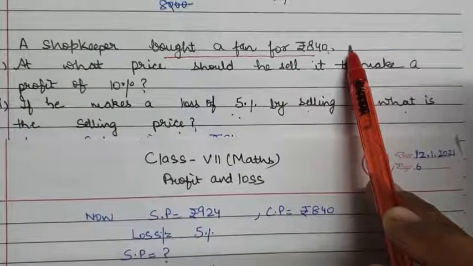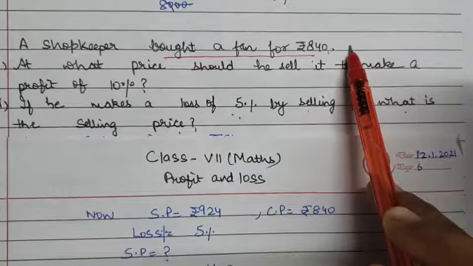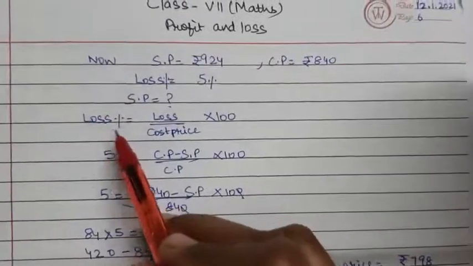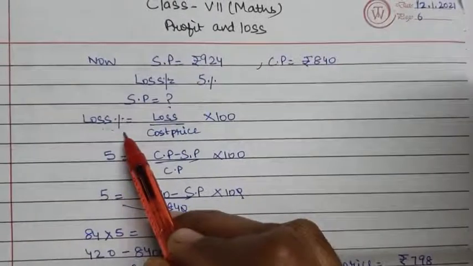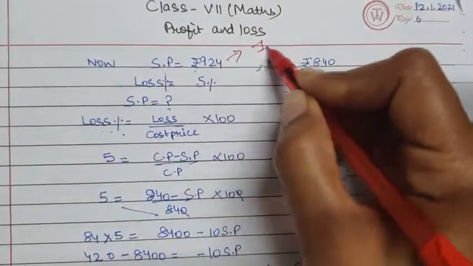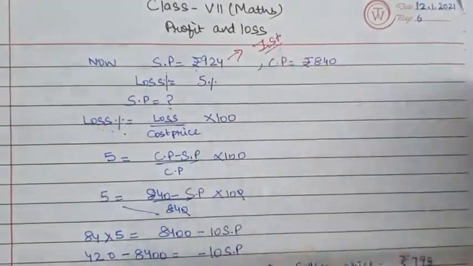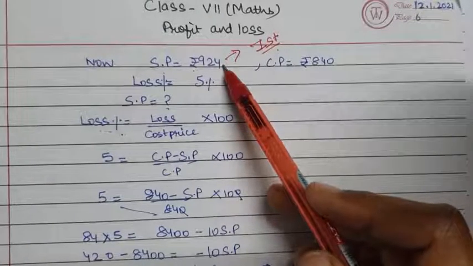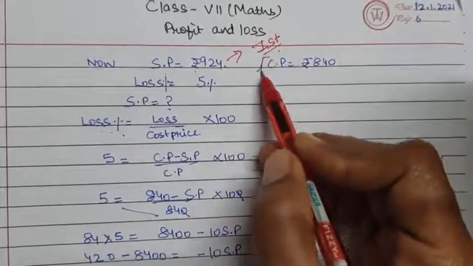Loss percent we know, that is 5%. So let us start with the formula of loss percentage. This selling price is for the first part. Don't confuse it with the second part. We are starting from here.